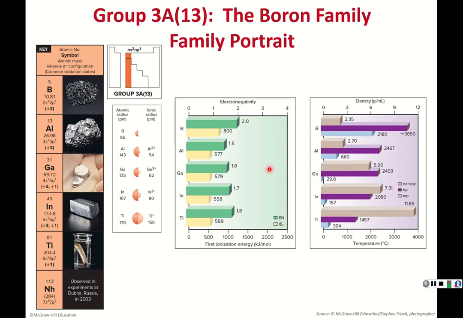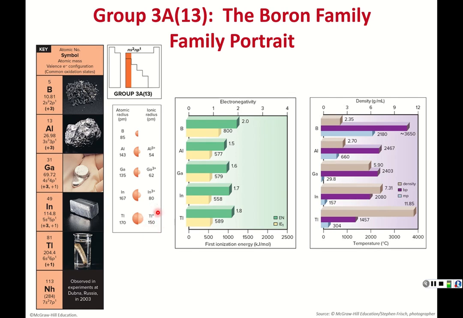So if we look at the family portrait of boron, we have the atomic sizes, and you'll see again these aren't really increasing as we go down. Between indium and thallium here, you don't get as big of an increase in size as you would expect. And remember how we said the ions formed with the elements lower in the group will tend to favor that low oxidation state where it only loses one p electron.